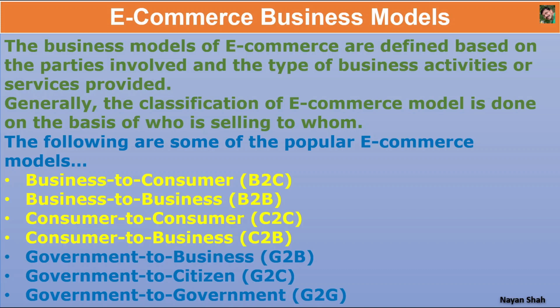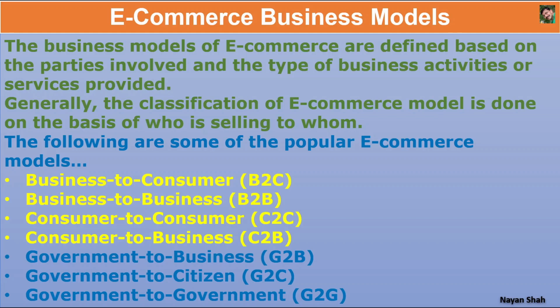Generally, the classification of e-commerce models is done on the basis of who is selling to whom. So one website owner is selling some product and we as a consumer are purchasing that product. So who is selling to whom, and based on that certain e-commerce models are defined. The popular e-commerce models are business to consumer, in short B2C, business to business, that is B2B, consumer to consumer, that is C2C, and consumer to business, that is C2B.